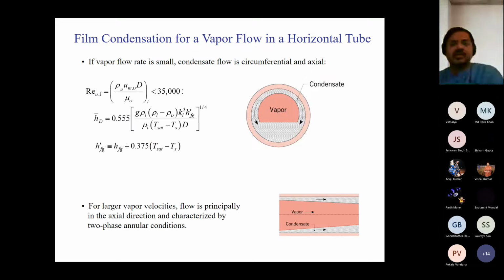All right. So this is just one last part. There is also something called film condensation during flow. Let us say you have a flow of vapor through a tube and the tube walls are cold. So there will be condensation on the tube wall while it flows. So again, this is out of the syllabus, but you see it here, right? This is called film condensation during flow through a horizontal tube.